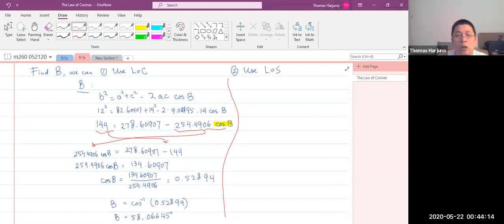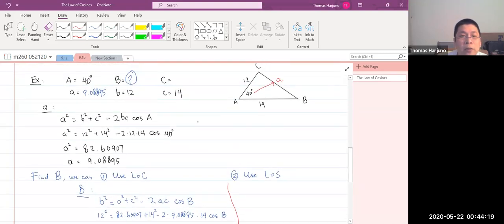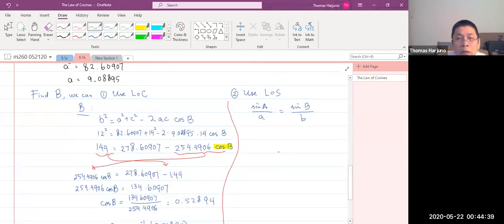Now, suppose I use law of sine. Let me let you finish up the writing first. So sine A over A equals sine B over B. Sine 40 degrees over 9.08895 equals sine B over 12.